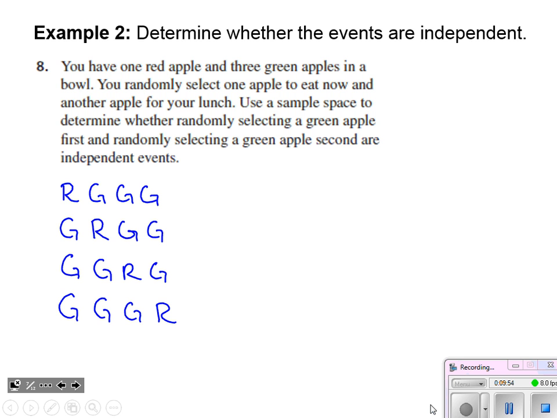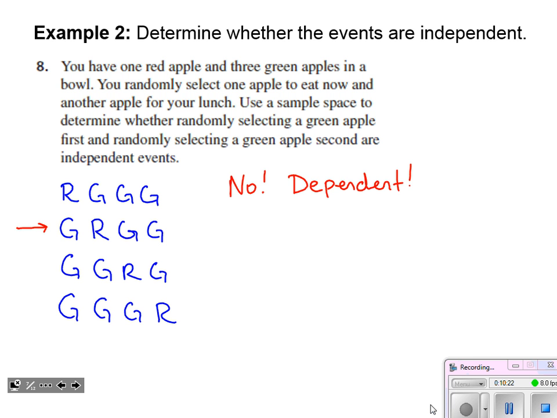All right, so determine whether randomly selecting a green apple first and randomly selecting a green apple second are independent events. And the answer is no, these are dependent events. Because if we randomly choose a green apple first, that is affecting randomly selecting a green apple second.